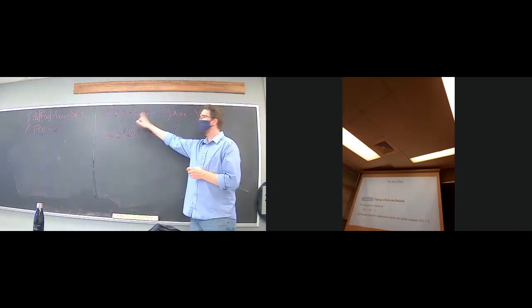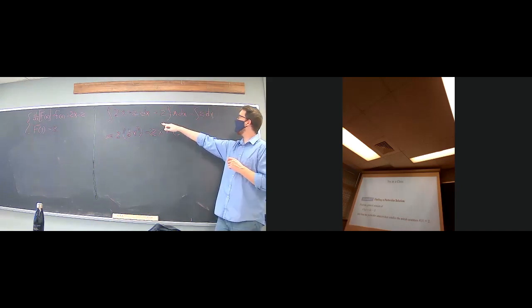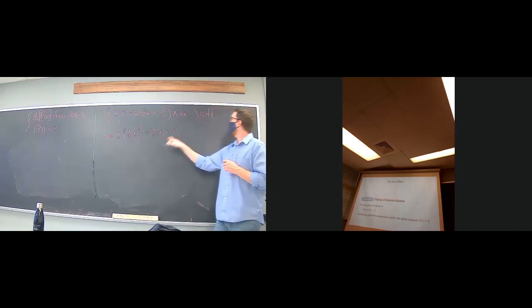I applied the sum and difference rule here, and then I applied the power rule, right? So this tells us that our function is going to be x squared minus 2x plus c.